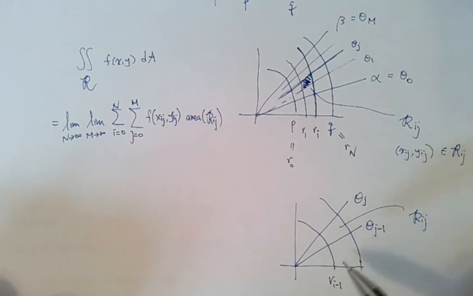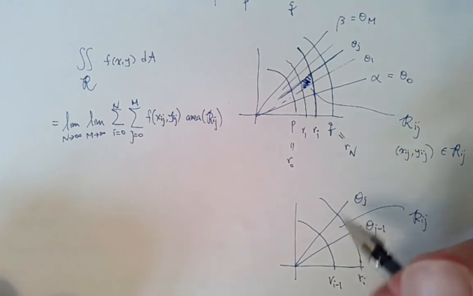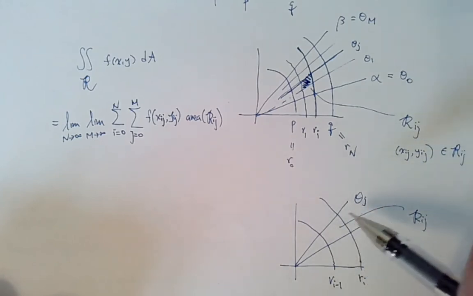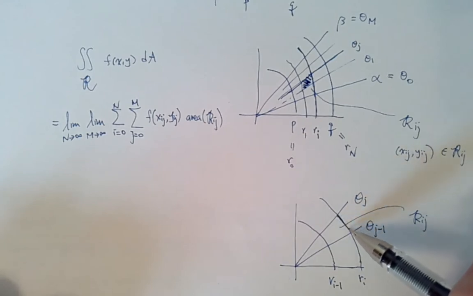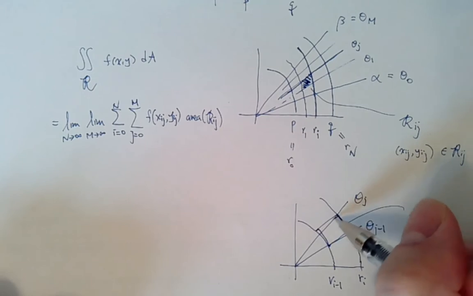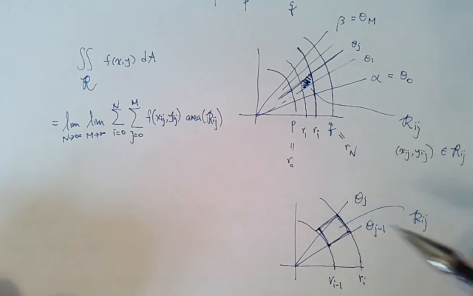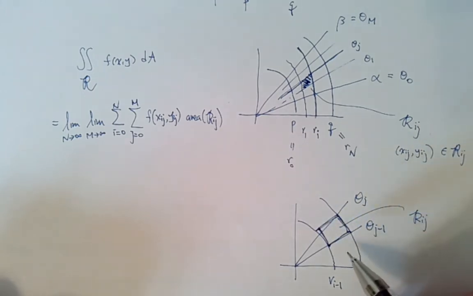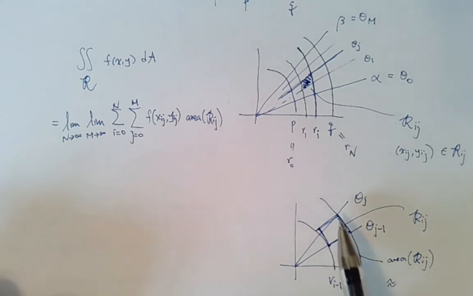Now let's pretend that this is a rectangle. I know it doesn't really look like a rectangle, but let's pretend it is, a rectangle like this. So then I can get the area. So then area of r sub ij is roughly equal to the width times height.